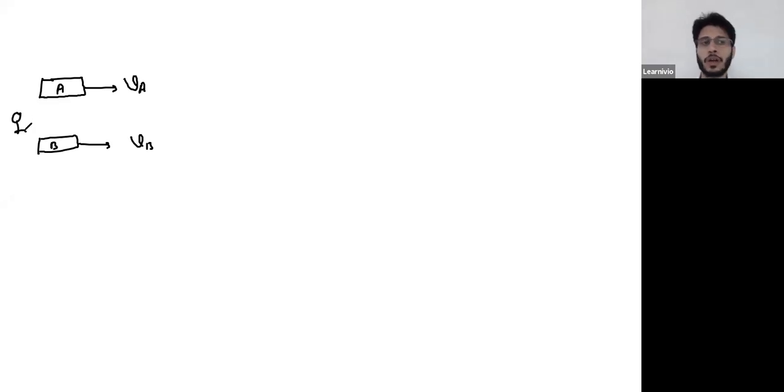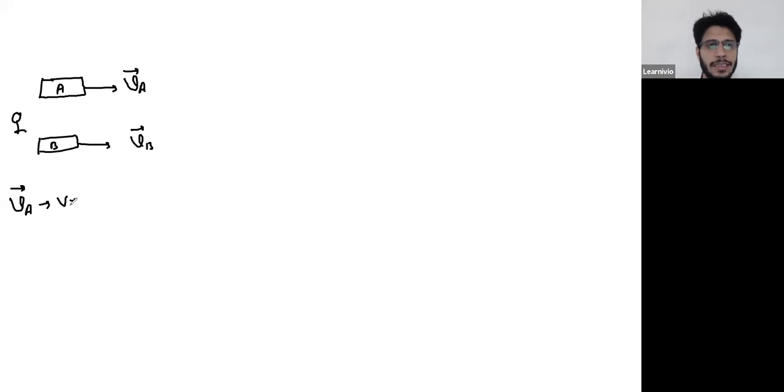So let's write some formula to calculate relative velocity. Say this is body A. It's moving with a velocity VA. You have another body B, moving with a velocity VB. These two velocities are with respect to an observer on the ground. Obviously velocity is a vector.